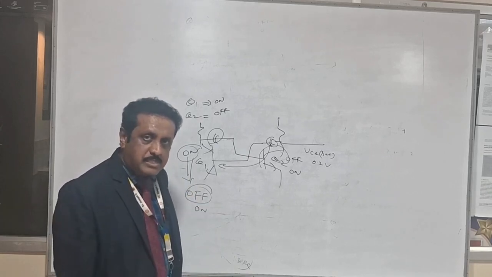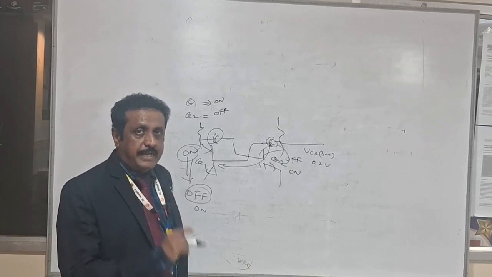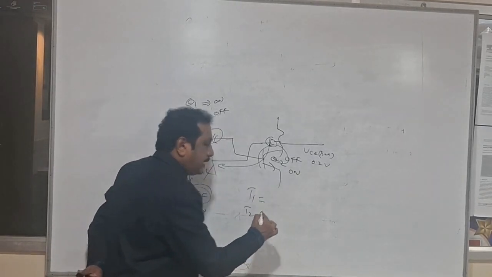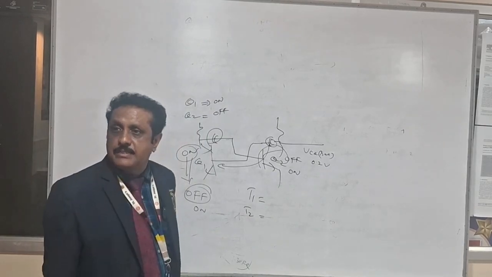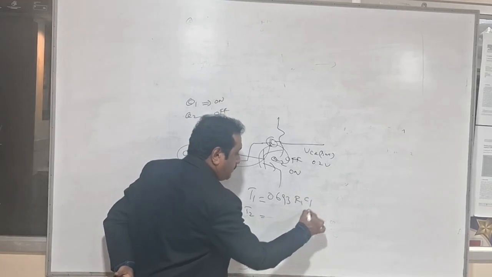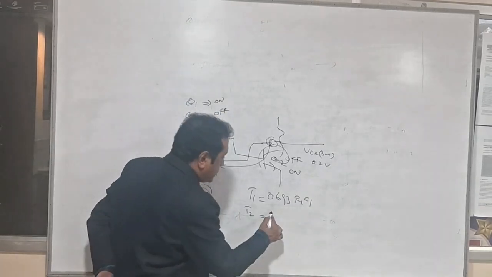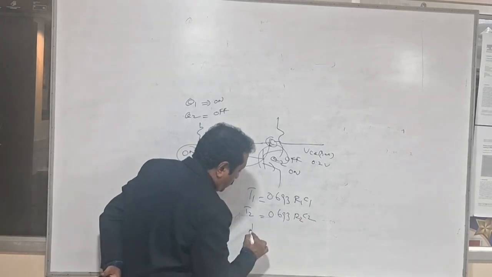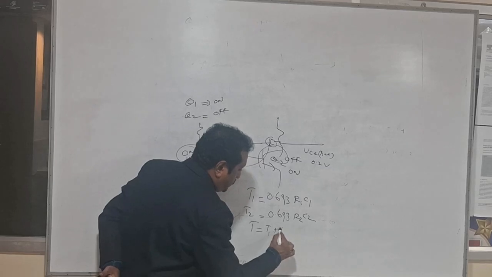Now we are going to see the frequency of oscillation of the astable multivibrator. Let T1 and T2 be the on and off periods of any one transistor. So T1 is equal to 0.693 R1C1 and T2 is 0.693 R2C2. The total time period is T1 plus T2.